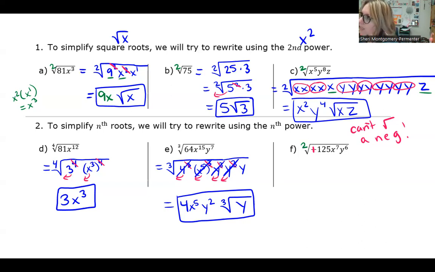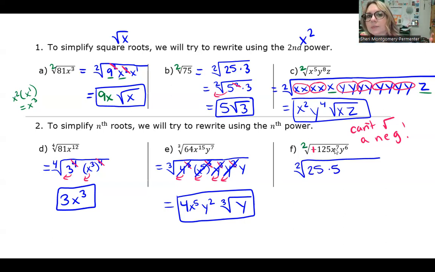Who else can see one of the perfect squares that can multiply by something to make 125? Oh, wait. 5 isn't in the x squared column. That would work. So I'm going to rewrite this as 25 times 5. And then x to the 7th power.